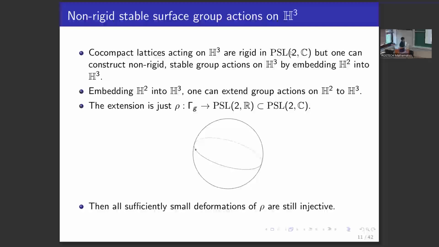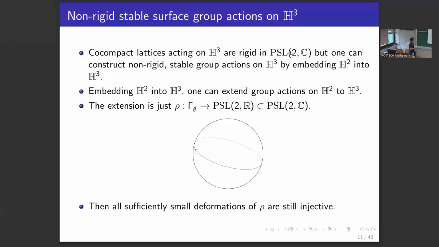On H^3, you can get surface group actions by embedding the hyperbolic 2-plane into hyperbolic 3-space, like this. Then you can extend the surface group action on H^2 to hyperbolic 3-space. We call this kind of action a Fuchsian group. A Fuchsian group is nothing but the inclusion of PSL_2(R) into PSL_2(C).